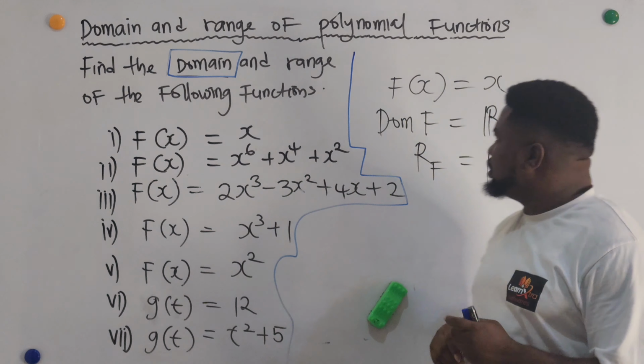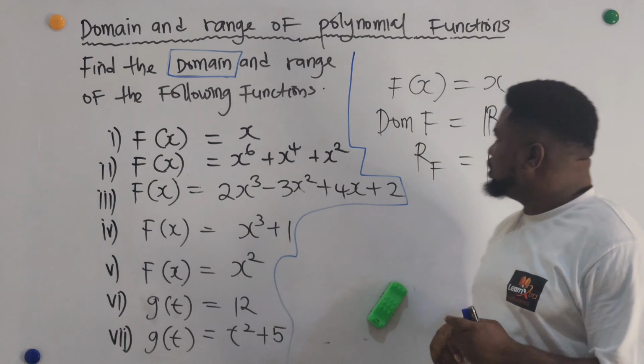All the inputs must give you an answer. Every input will give you an output. For this reason, we now say that the domain of all polynomial functions is all real numbers.